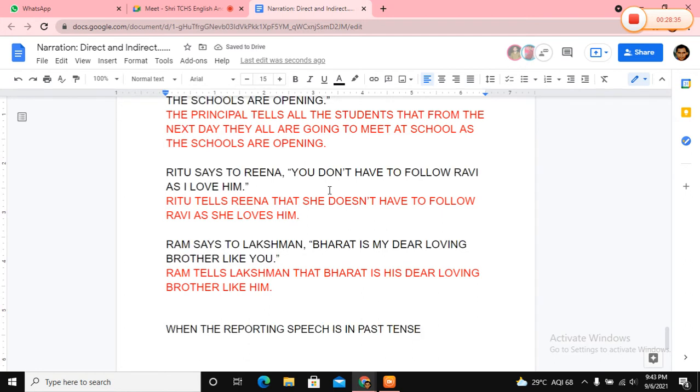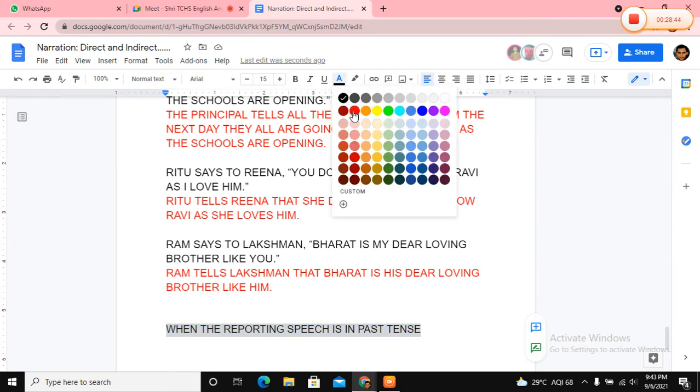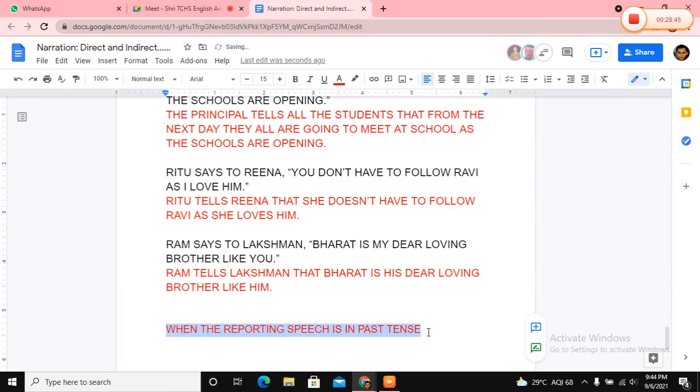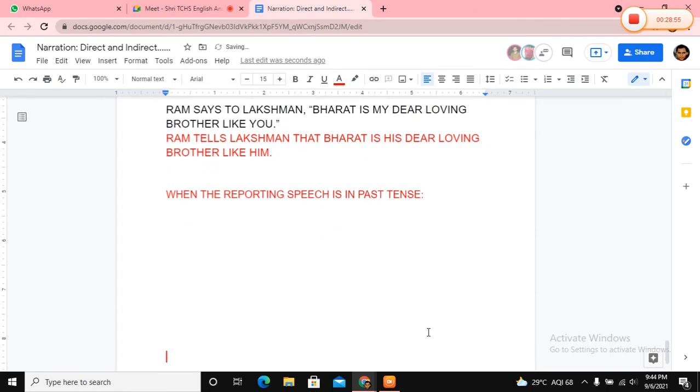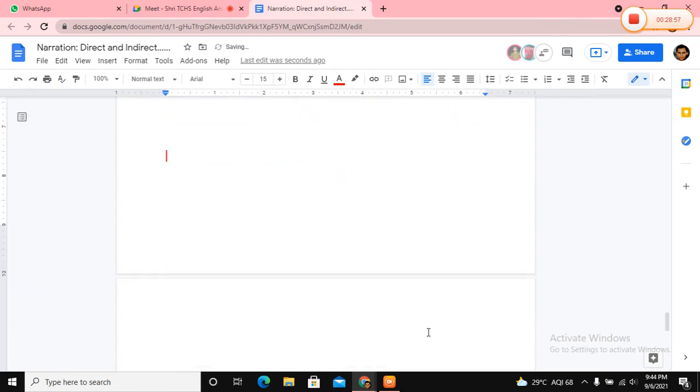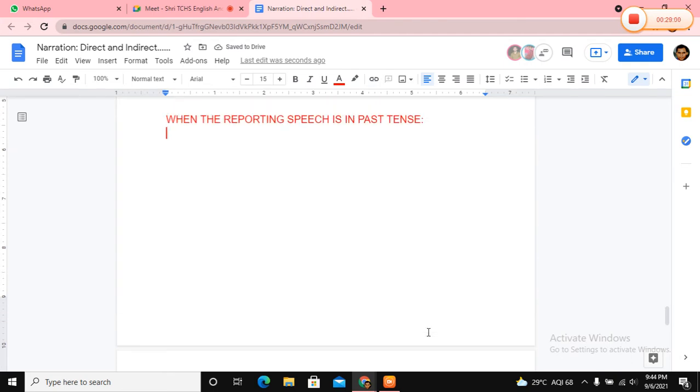We are continuing the topic, and up to now we have seen reporting speech in present tense, and now we are discussing when the reporting speech is in past tense. So the first heading that we take is tense change.